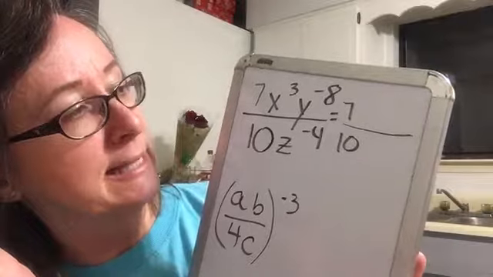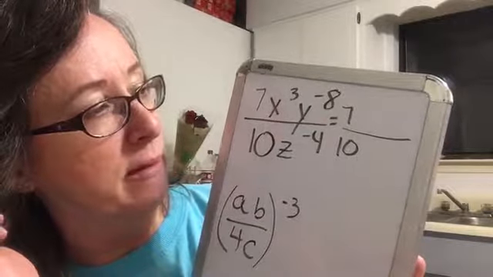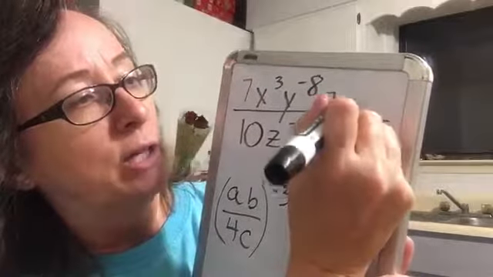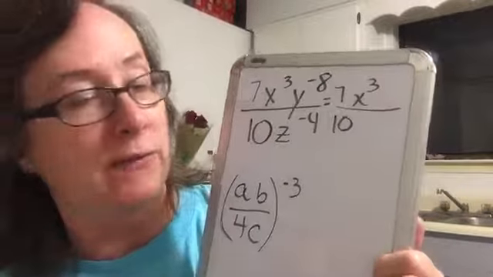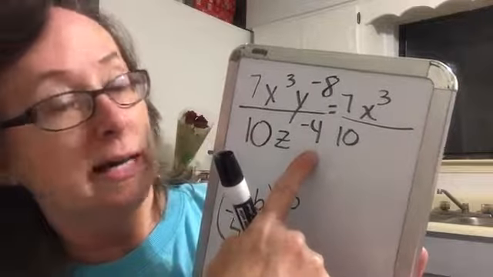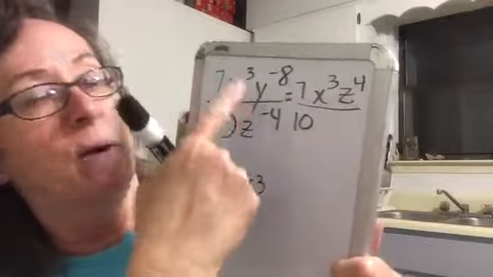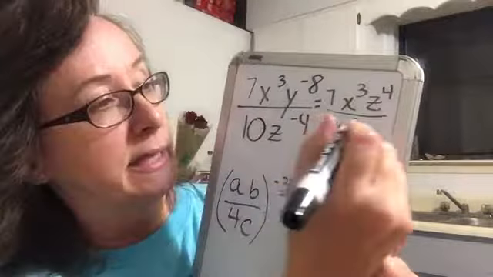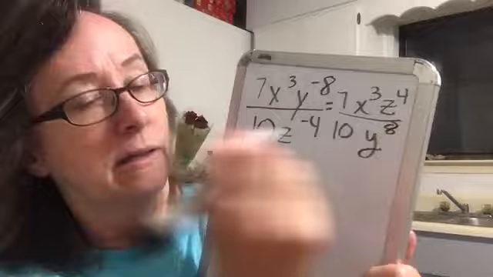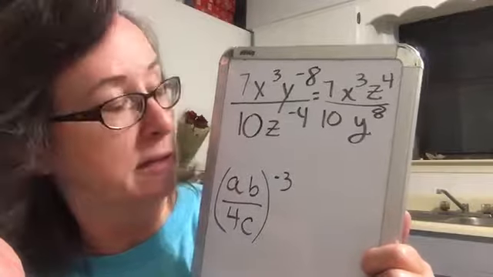The x cubed has no other x's to combine with, so we're going to leave the x cubed upstairs because it has a positive exponent. The z to the -4 needs to move upstairs to become a z to the 4. And the y to the -8 needs to go downstairs to become a y to the +8 on the denominator.